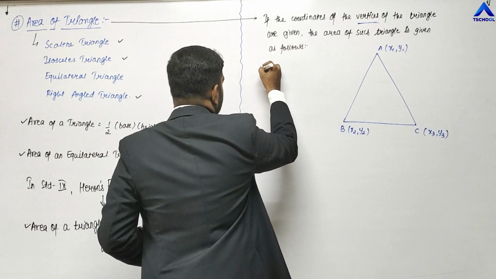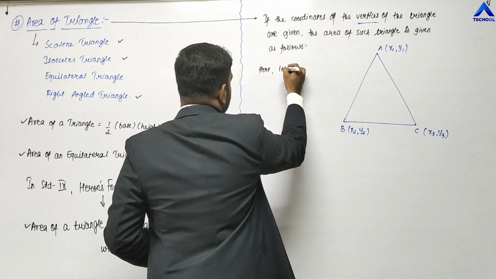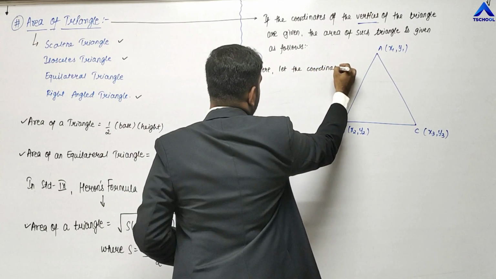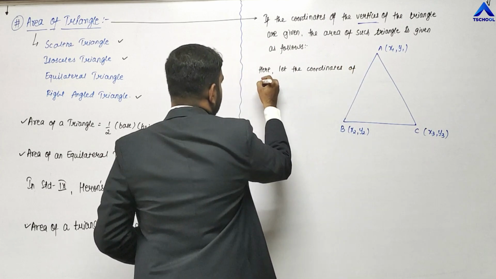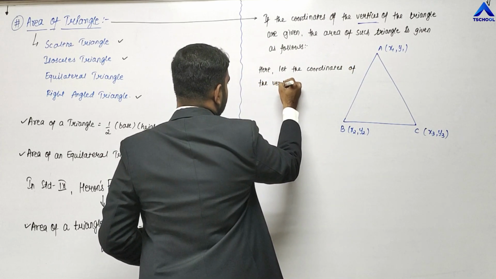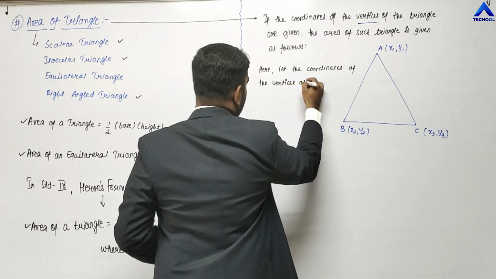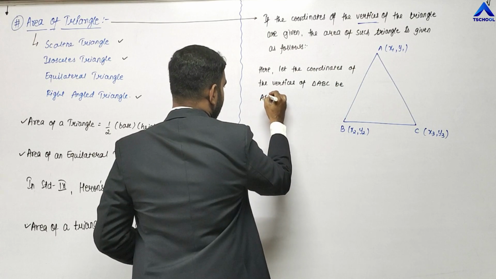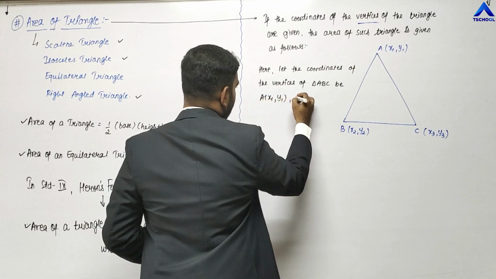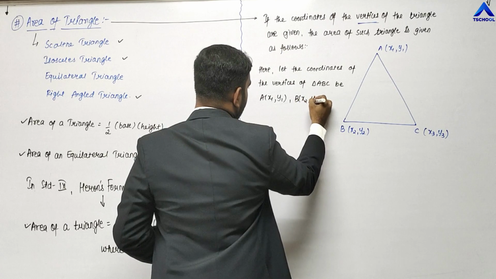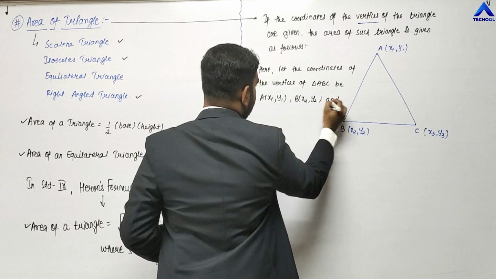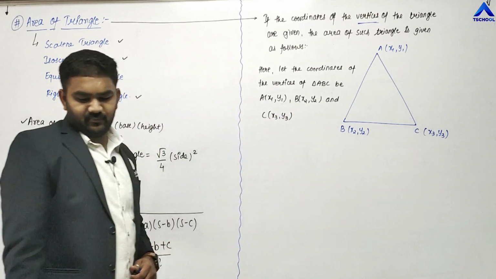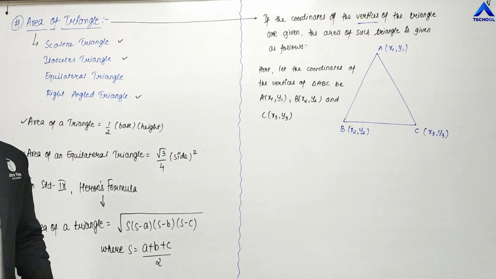So here, let the coordinates of the vertices of triangle ABC be A x1 y1, B x2 y2 and C x3 y3, right?